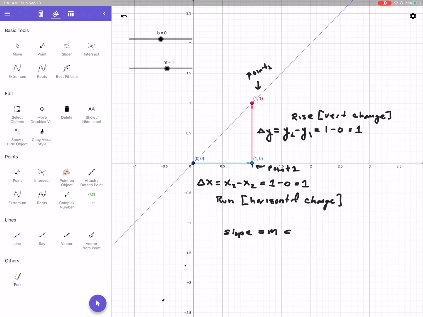M is simply delta y, or the rise, over delta x, or the run. So I'll write that down. Rise over run, like that. So we have a proportion.